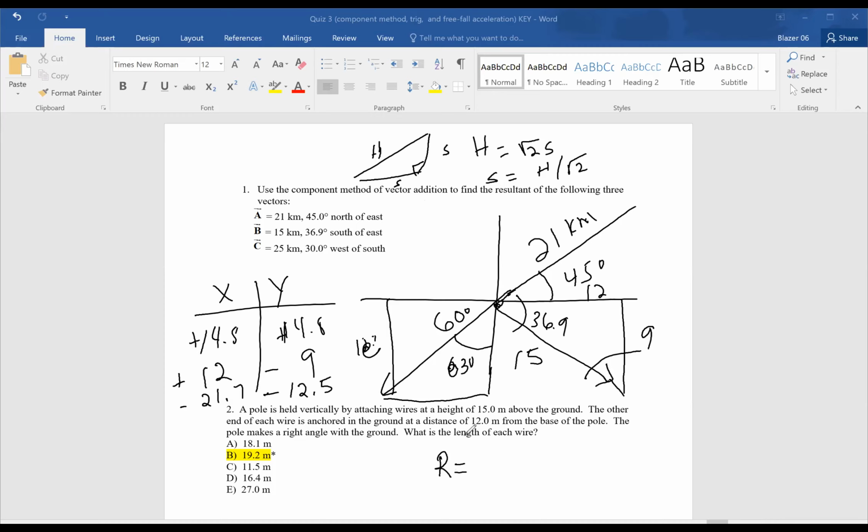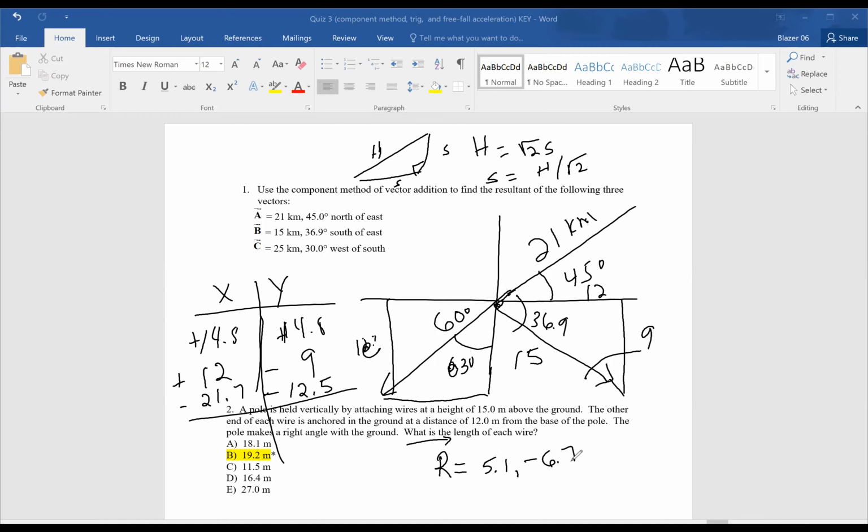That means I must sum these up and get the x and y component of my resultant vector. And when you do that, you will find that vector R has 2 components. It has an x component, we say that is 5.1, and it has a y component, negative 6.7, when you sum that up.